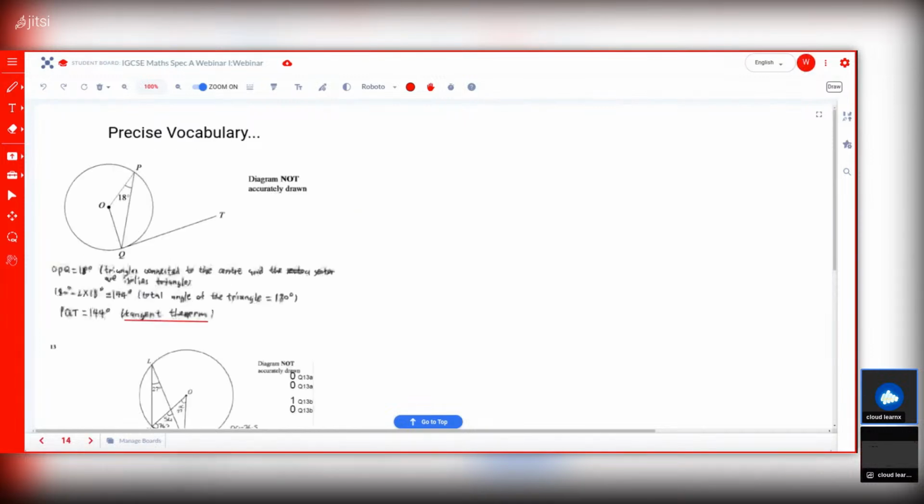Page 14. Precise vocabulary. This one again, among students, mostly those for whom English is not their native language, or around Asia, I would say, tend to ignore the exact wordings of the theorems.